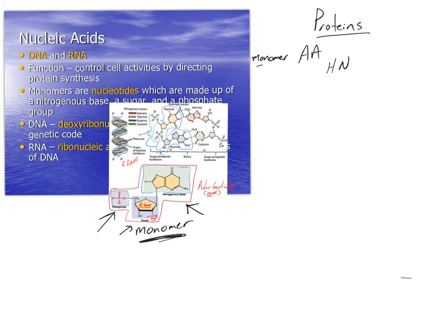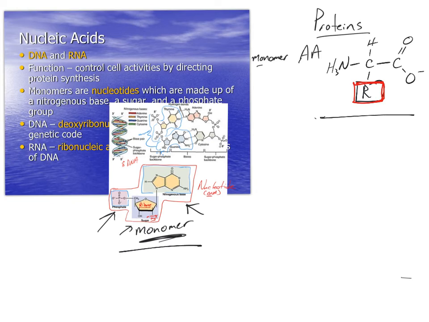You have your amine group connected to a carbon that's connected to a hydrogen that's connected to that R group. Remember that R group? It's important. You know that there's 20 different possible R groups on there. And then you have this C double bond O. And there's another form of it we'll talk about later when we get into protein synthesis. But the bottom line is that this is an amino acid monomer, and this is a DNA monomer.